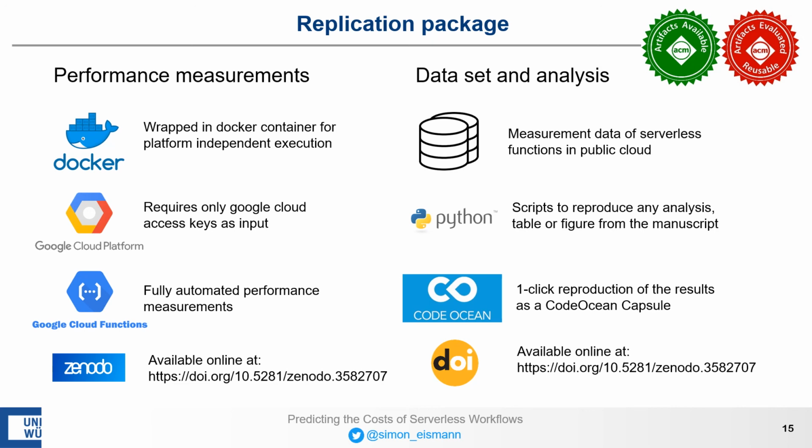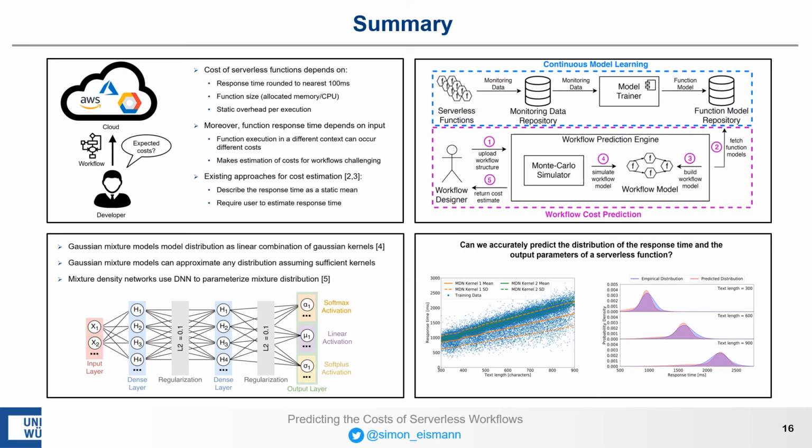To summarize things, while there's many benefits to cloud computing in general and its pay-per-use model, unfortunately it makes estimating the costs for serverless workflows challenging. Therefore, we've proposed a framework to predict these workflow costs, which at its core uses mixture density networks to predict the response time distribution of serverless functions.